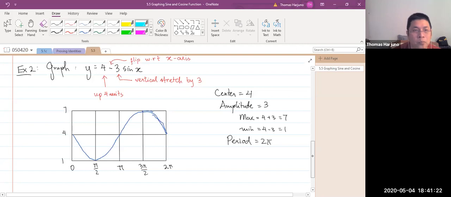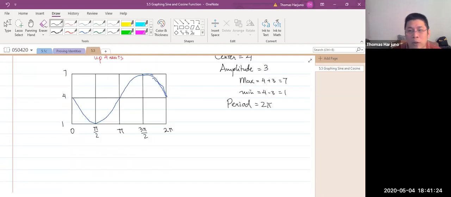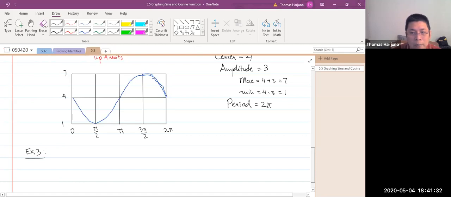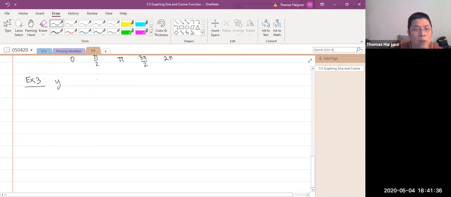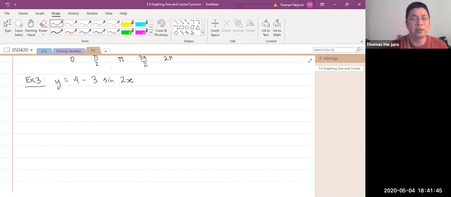Okay, now third one. What happened if I have y equals 4 minus 3 sine 2x? So basically continue from example 2.